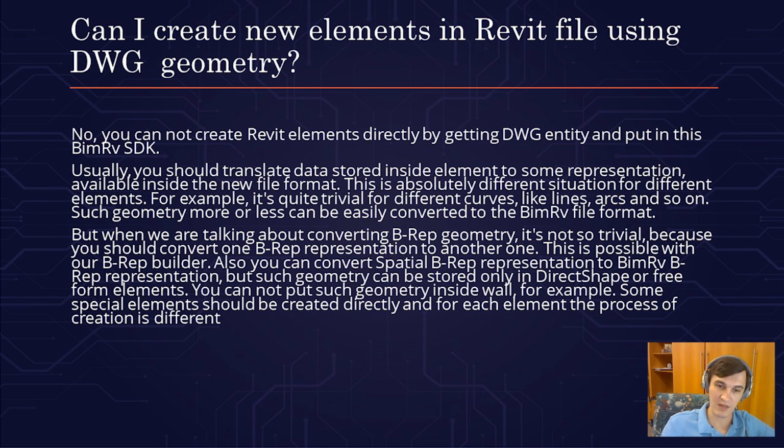Some special elements should be created directly, and for each element the process of creation is different. It should be analyzed and compared: where should I get data inside one file format, and how do I put data into another file format and do it correctly.